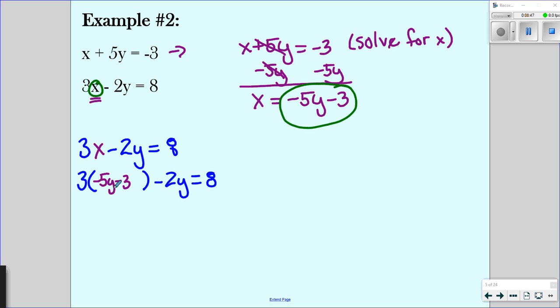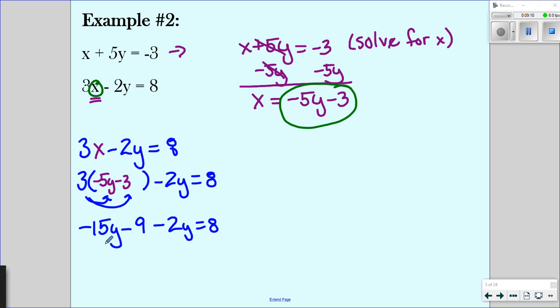And again, notice that there's the same variable, so that way we can solve for y and then go on to find x. So this one we have to distribute. This would become -15y, and this would be -9 minus 2y equals 8. Combine like terms. This one's by itself.